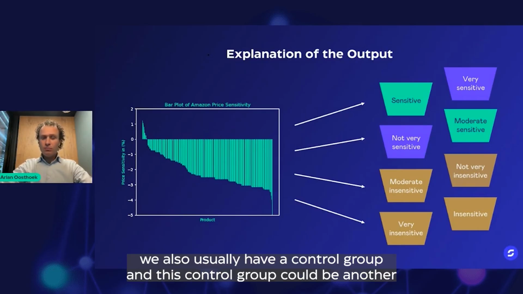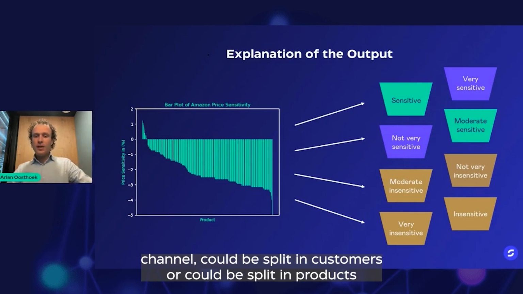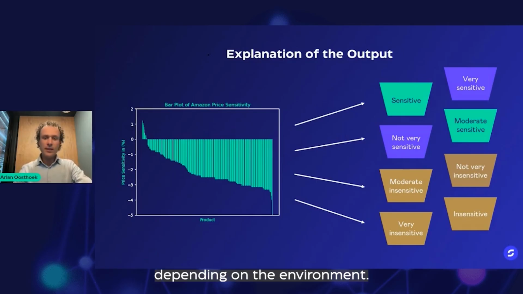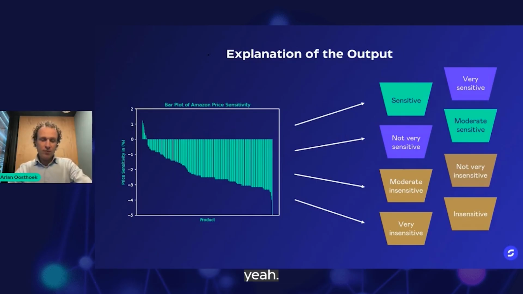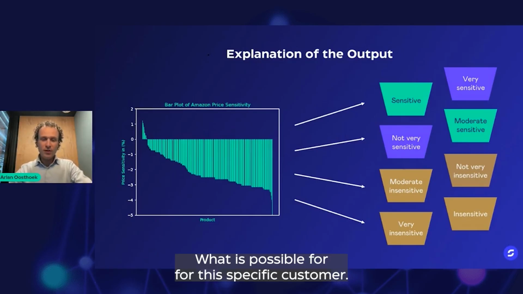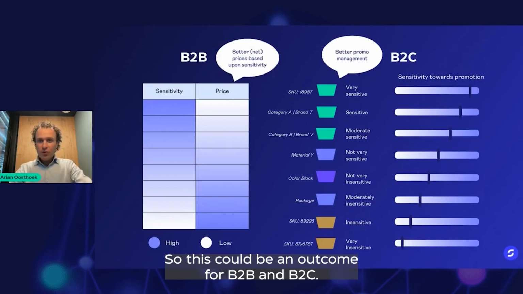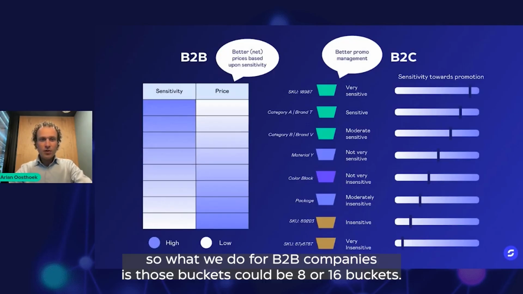And we also usually have a control group, and this control group could be another channel, could be a split in customers, or could be a split in products, depending on what is possible for the specific customer. So this could be an outcome for B2B and B2C. What we do for B2B companies is those buckets could be 8 or 16 buckets.